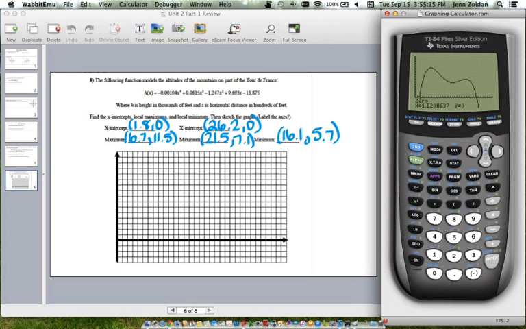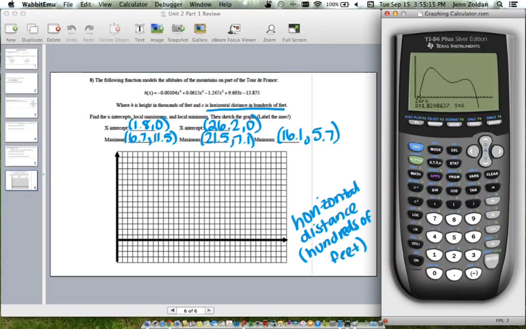We always want to label the axes. So that horizontal axis, the x-axis, was the horizontal distance, and that was in thousands of feet, right? Yes, no, hundreds of feet. Hundreds of feet, that's what it says right here, horizontal distance in hundreds of feet.